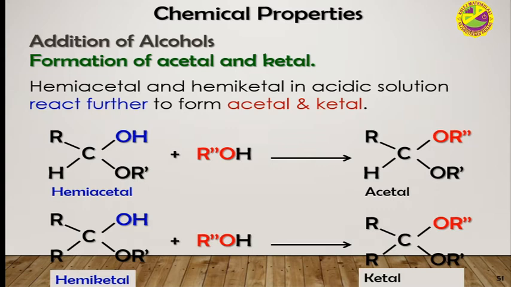While if we have a hemiketal from a ketone, if it undergoes reaction with another alcohol, it will form a compound called ketal. The OH from the hemiketal is being replaced with OR from the second alcohol.